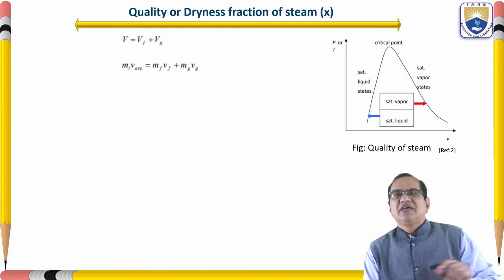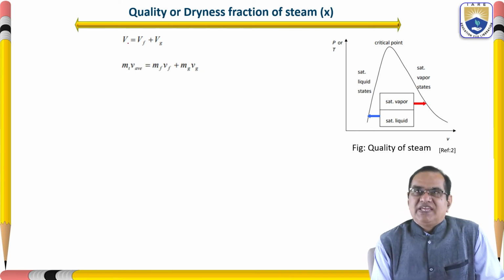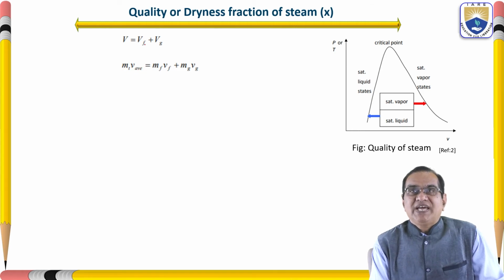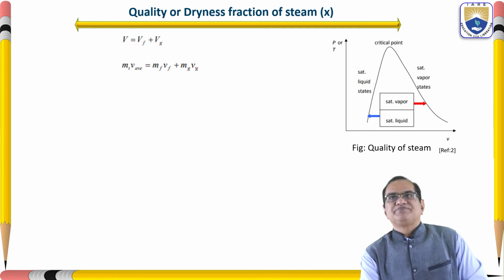Next, this volume is equal to mass into average specific volume. So mt V average is equal to mf into Vf plus mg into Vg.